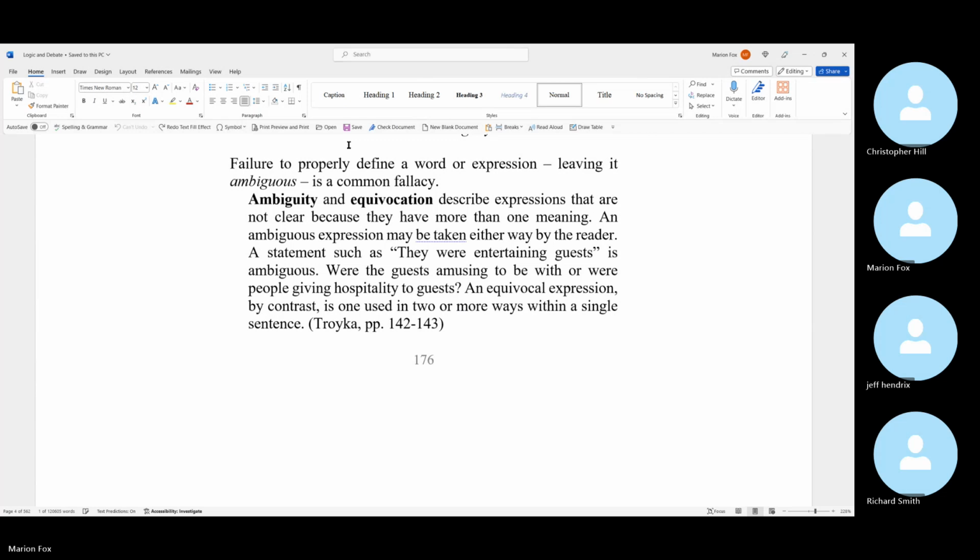Some Greek words may be ambiguous, like the word that's translated blaspheme in the New Testament. The same word is translated rail. We have to go to the context: if it's talking about speech directed at God, it's blasphemy; if it's speech directed at a man, it's railing. But both of those are the same word.